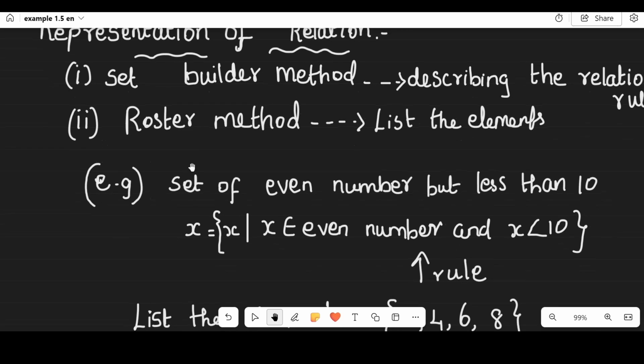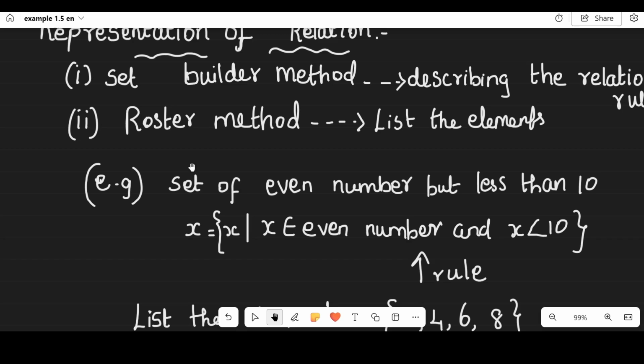The set builder method is a way of describing the relation with the help of a particular rule or a particular condition.